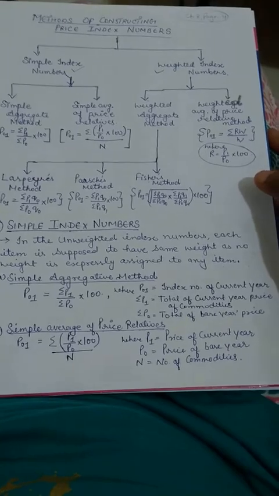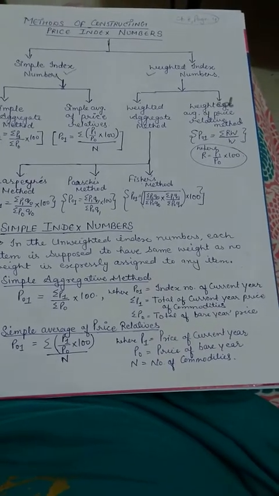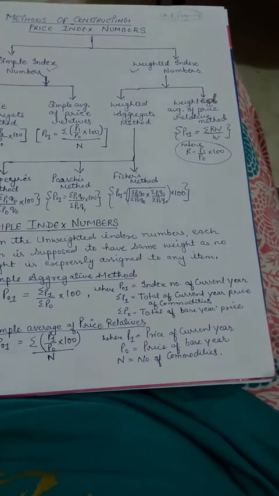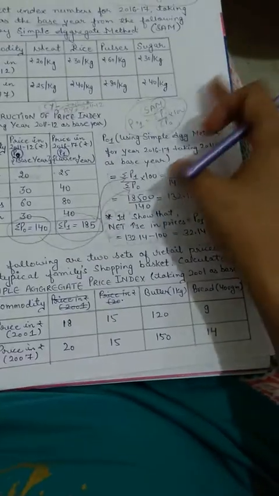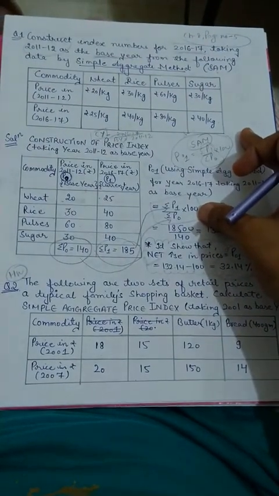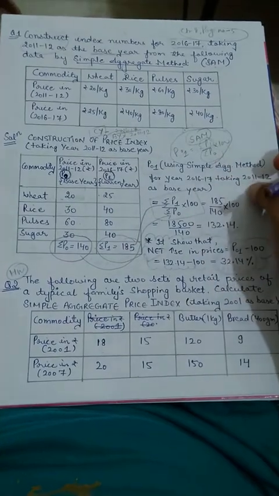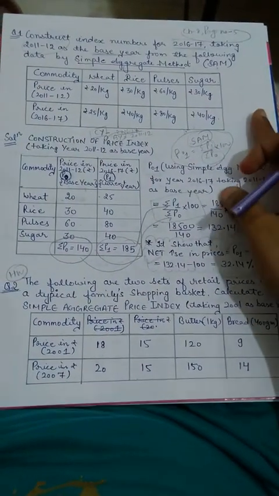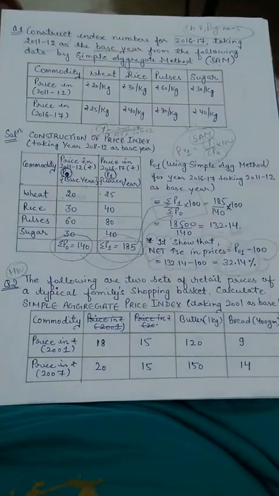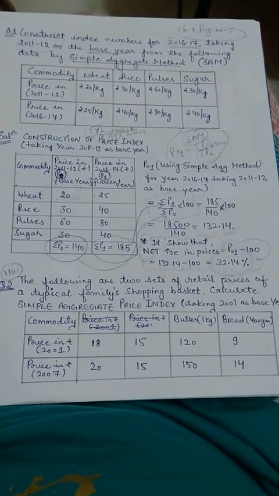This was the page which I have discussed in class with you, and this was your next page on which we have done the numericals related to construction of index number using the simple aggregate method. One classwork question, one homework question.